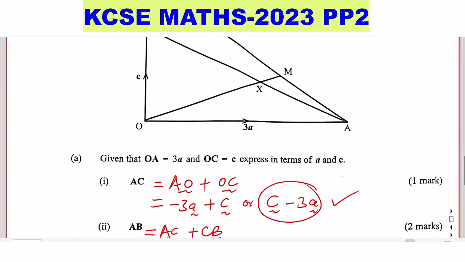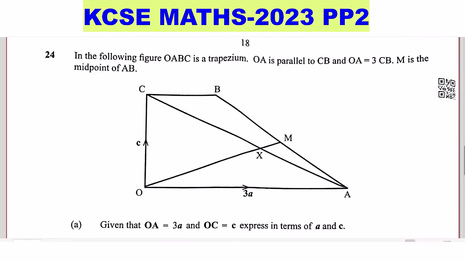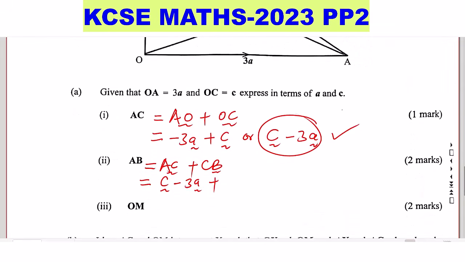Then CB, we don't have CB, but you can get it from here. OA is equal to 3CB, and OA is 3a, so 3a is equal to 3CB. We divide both sides by 3, so CB is a. So work out these. This will give c minus 3a plus a, which will give c minus 2a.